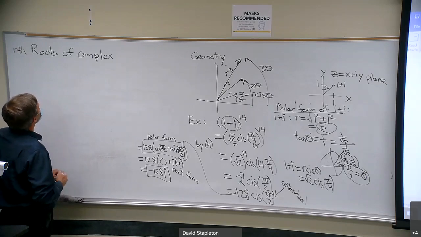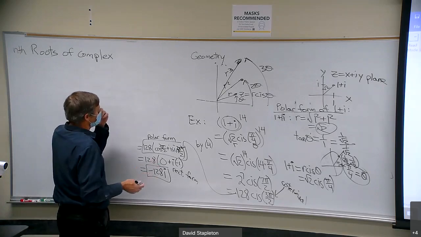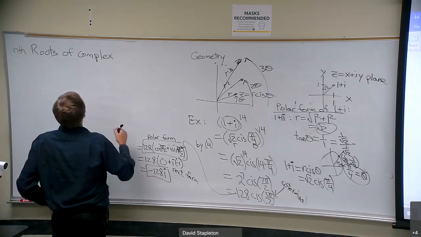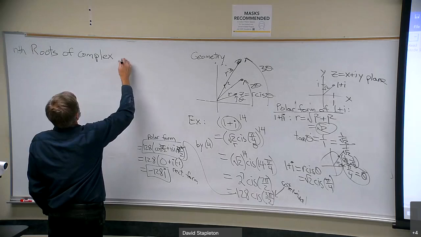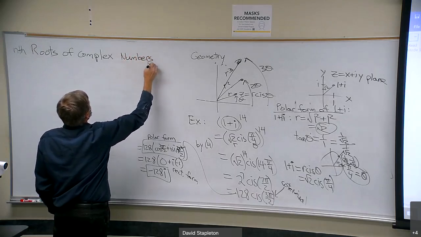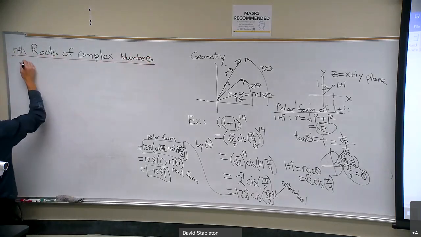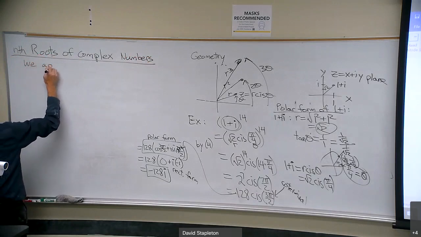So for this class, even though we don't do those special functions of complex numbers, we will do nth roots of complex numbers. Well, at least finish the algebra of complex numbers, right? And how can we get those? Again, we apply De Moivre's theorem in reverse.